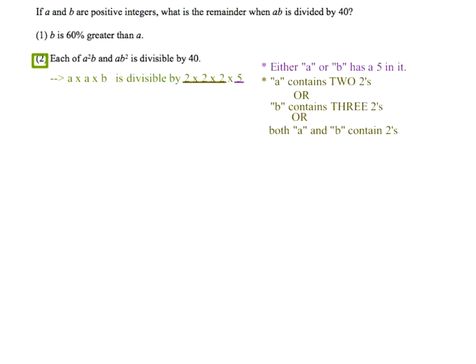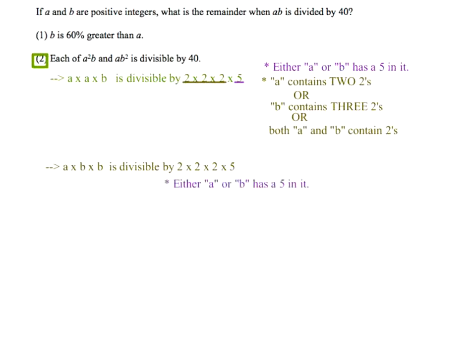You also know that A times B is divisible by 2 times 2 times 2 times 5. So the reasoning here is kind of the same. We still know that either A or B has a 5 in it.